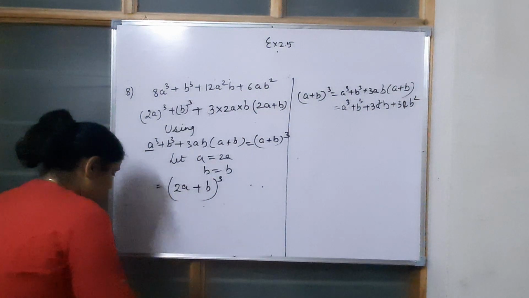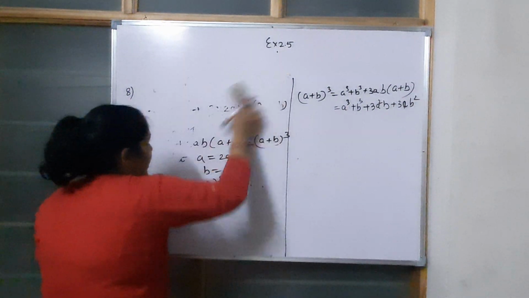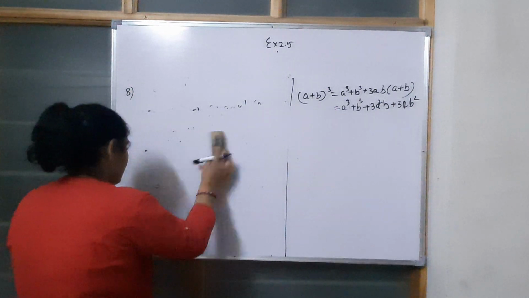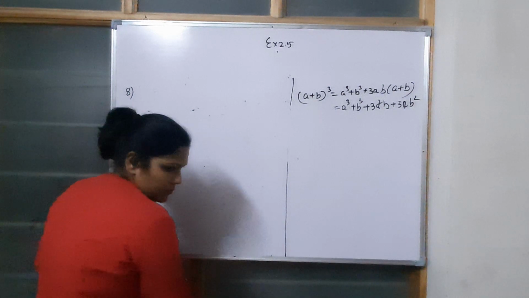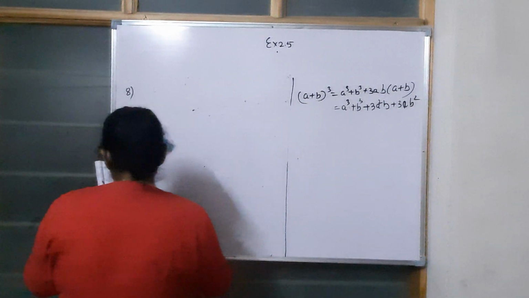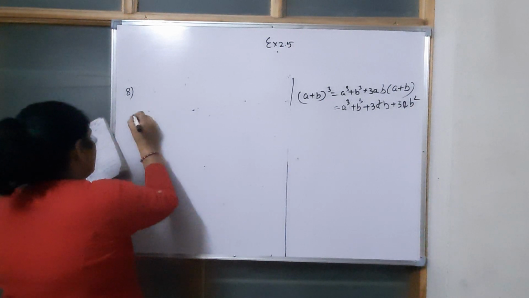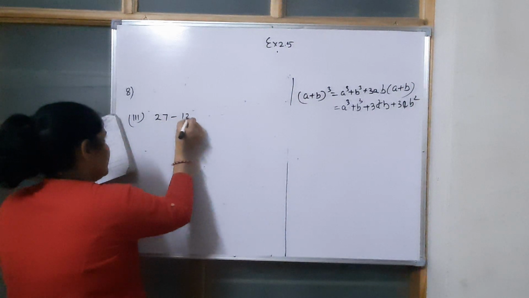I am taking one more example of the same kind so that it will be easier for you to understand the concept. Second part you do on your own. Third I am taking.